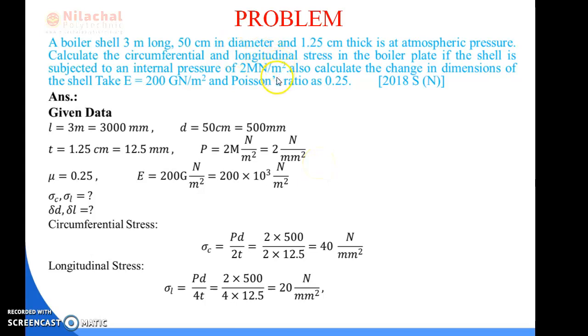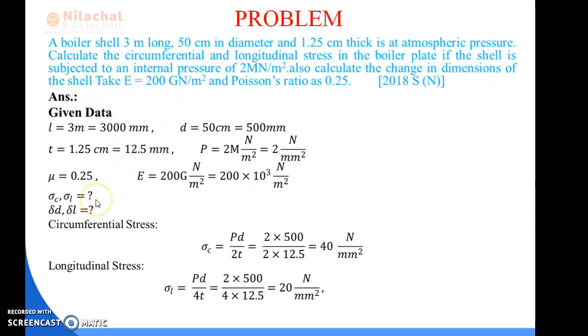From the above question we have: length of the shell is 3 meter, 3000 mm; diameter 50 centimeter, that is 500 mm; thickness is 1.25 centimeter, that is 12.5 mm. The internal pressure of liquid is 2 mega Newton per meter square, converted as 2 Newton per mm square.